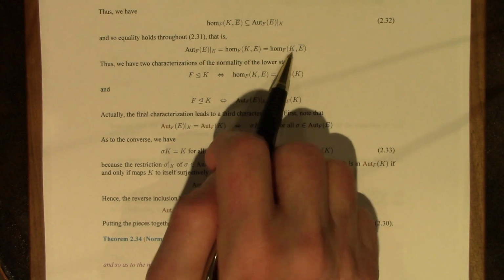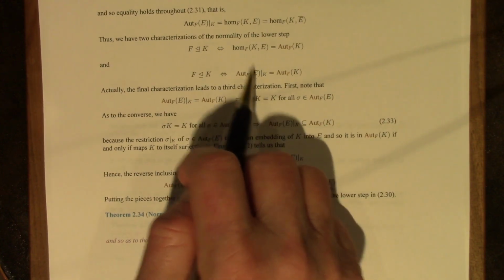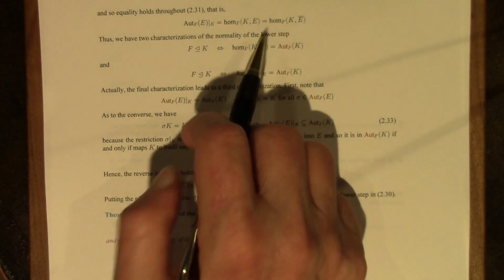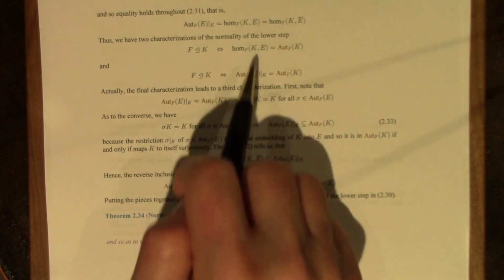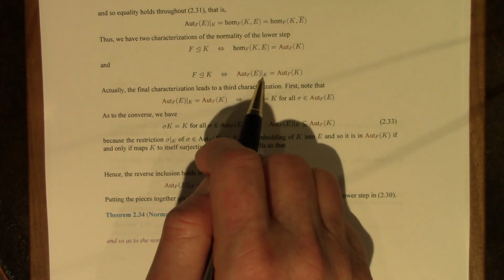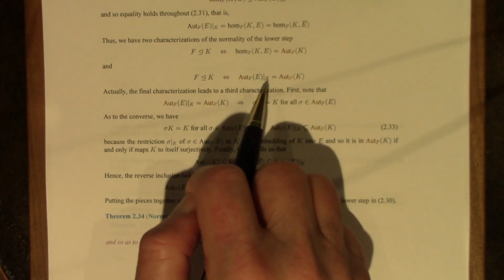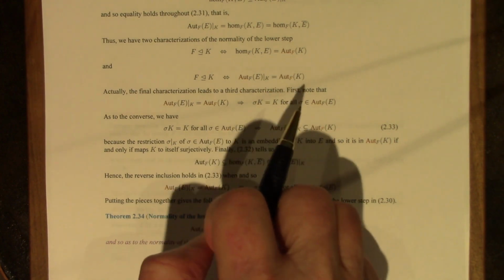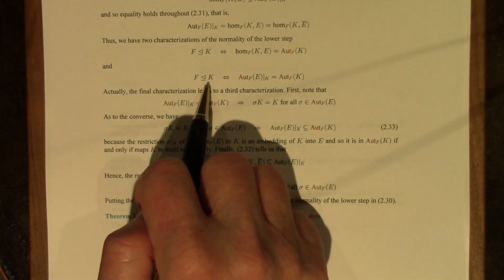And because this is the same as this, we can replace this again by this. Or you can replace this one by this, it doesn't matter. So we have two ways to characterize the normality of the lower step.